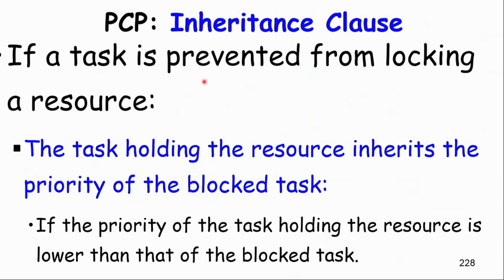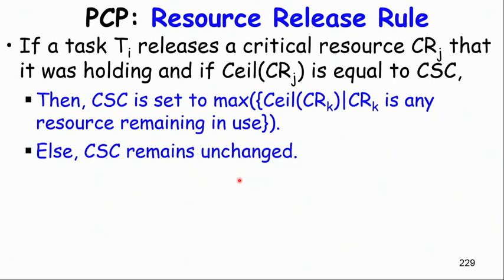If a task blocks for a resource, then the task holding the resource inherits the priority of the blocked task. A task holding a resource does not change its priority, unlike the highest locker protocol, but only when a task blocks for a resource, it inherits the priority of the task.